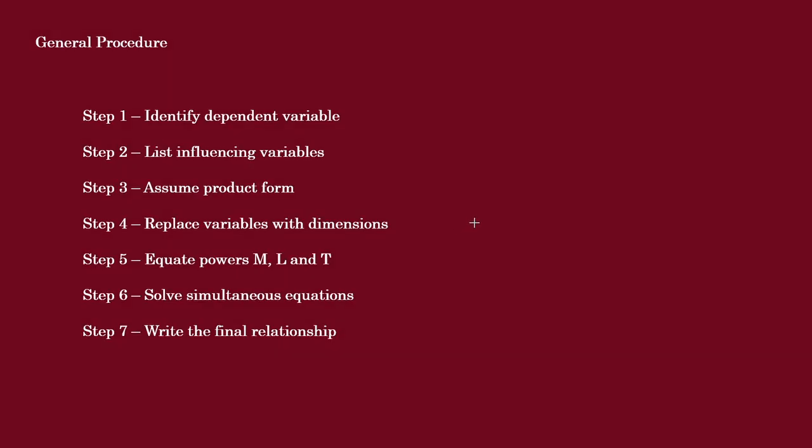So the general procedure to solving questions with Rayleigh's method is to identify the dependent variable. Remember the kinetic energy example we gave earlier. We said that the kinetic energy is a function of mass, that's m, and velocity. So if we look at what variables we have, we'll have kinetic energy, mass, and velocity. Step one is identifying the dependent variable, that's kinetic energy.